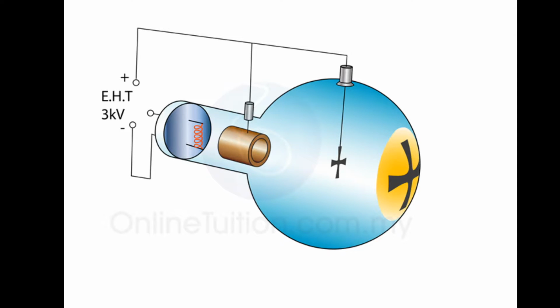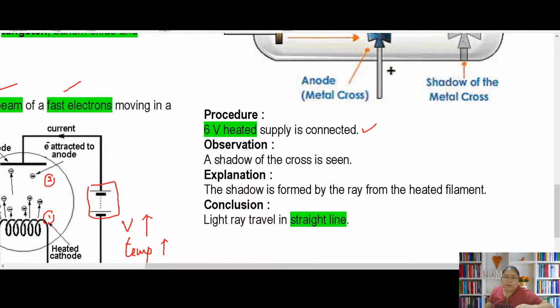The light passes by the Maltese cross, and they will be blocked at the center, so I form a shadow. You can see a big shadow on the screen. Okay, so we go to the next one, the explanation for the second characteristic.